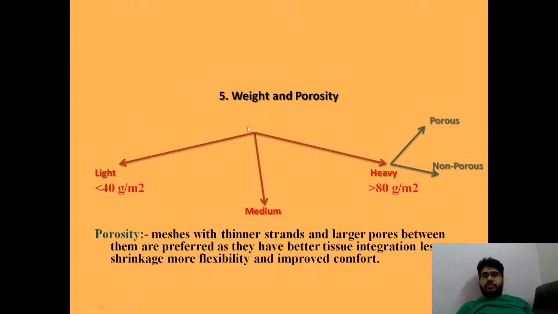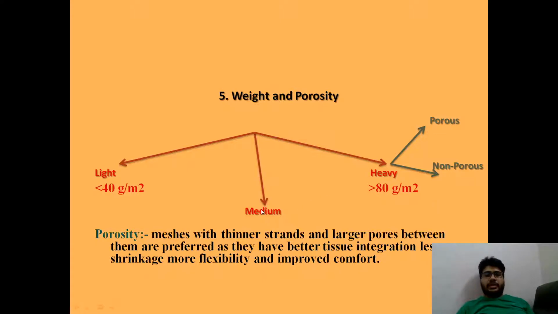One of the most important ways of classifying a mesh is on the basis of weight and porosity. These can be light weight, medium weight or heavy weight. The light weight ones are less than 40 grams per meter square, and the heavy ones are more than 80 grams per meter square.